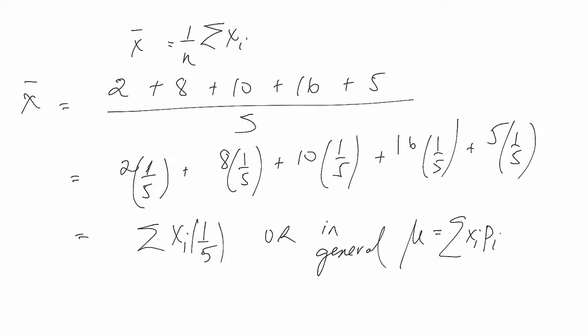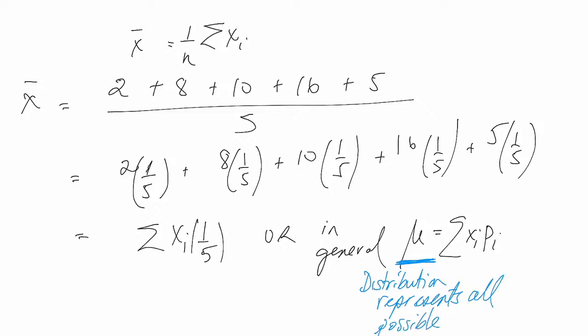And the reason why I use this symbol, again, was because this distribution represents the population, not just the sample. Of which there's only 5 possible.